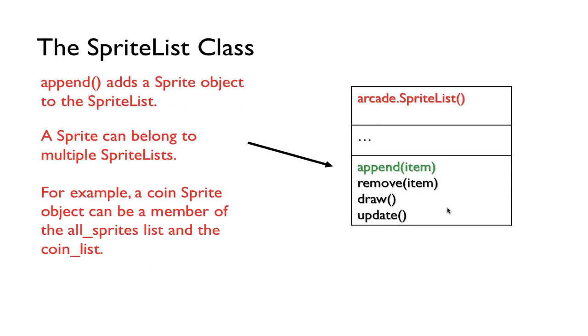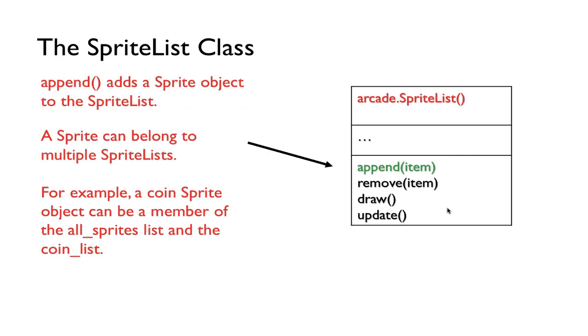This is kind of confusing, but suppose you have a coin sprite object and the player is walking around collecting the coin object. This coin object can be a member of the all sprites list, the list of all the sprites in the game, so that if you want to draw them, we can just call draw on this list.